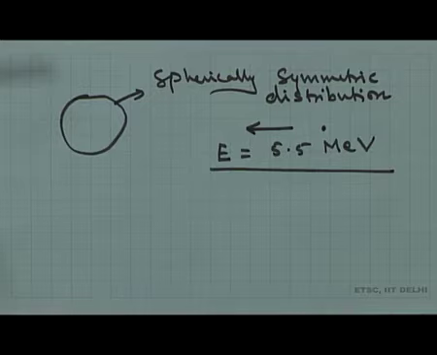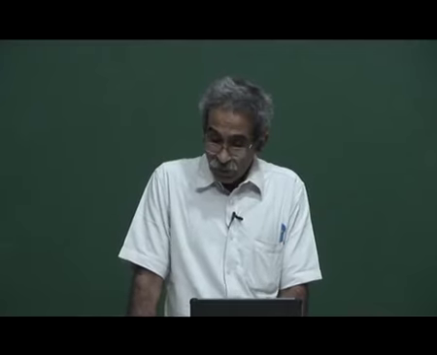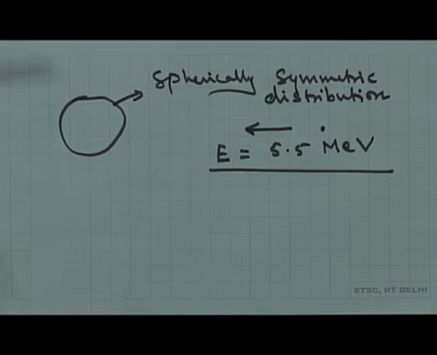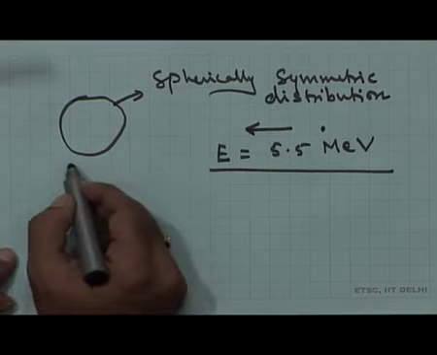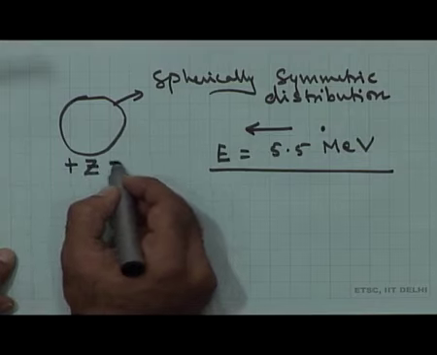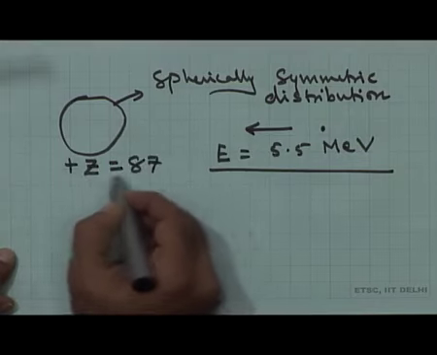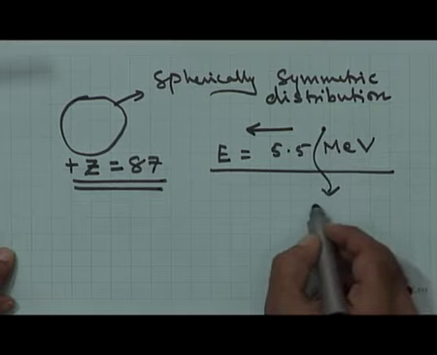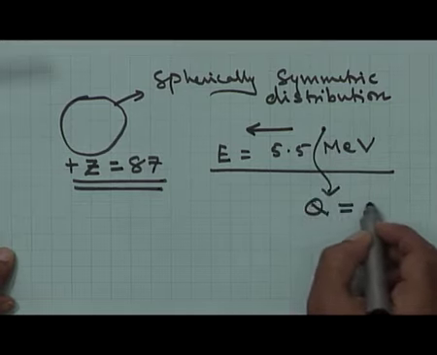We can now approximately estimate what is the minimum distance that this alpha particle can approach vis-a-vis the nucleus with positive charge. So you have a positive charge plus Z, which is equal to 87. Gold has an atomic number 87, and the alpha particle has a positive charge Q equal to plus 2.